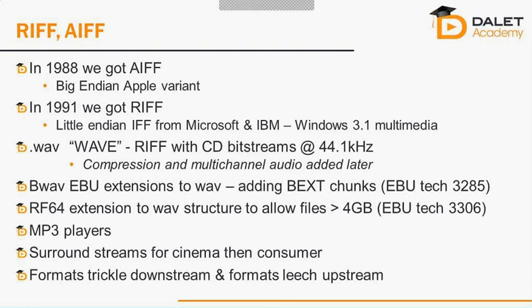As you start to add surround sound, streams, object-oriented sound, and all that kind of stuff, we can still extend BWAV to have extra chunks. What's interesting, though, is we start with a consumer format, and it leaches upstream to become a professional format, or we start with professional formats and they trickle downstream to become consumer formats. By and large, most of the formats that were invented in the 90s didn't stay where they were invented.